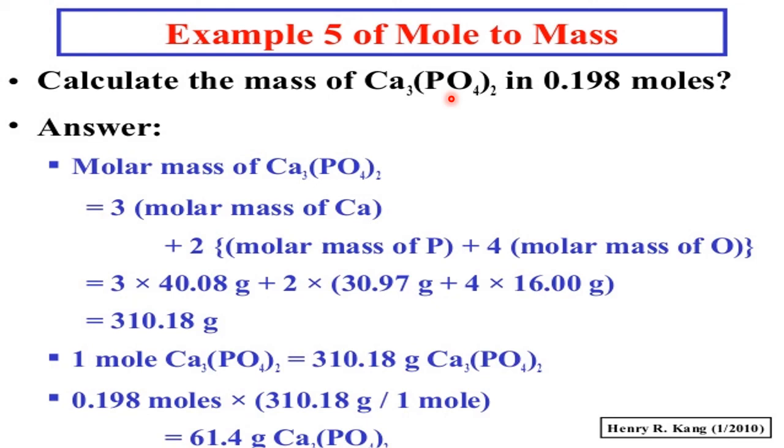Just as for 12 we say 1 dozen, for 6.022 into 10 to the power 23 we say mole. So 1 mole in chemistry means 6.022 into 10 to the power 23 particles, whether it is an ion, a molecule, an atom, or a species, any microscopic particle.